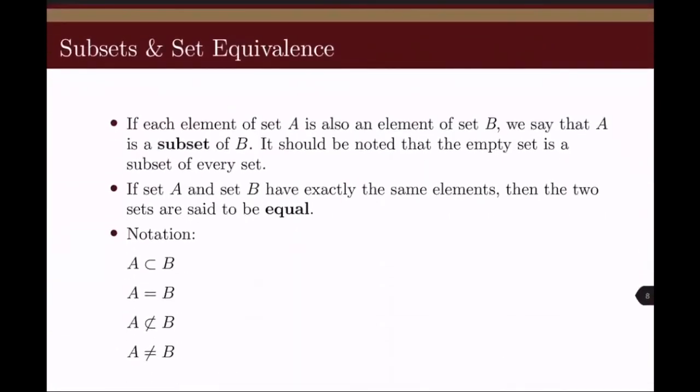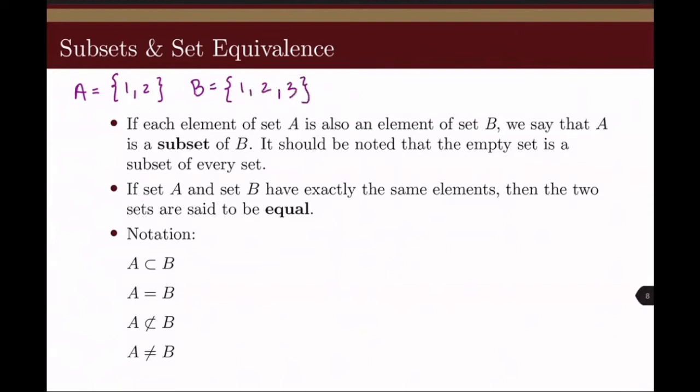Next, we'll look at subsets and set equivalents. If each element of a set A is also an element of set B, we say that A is a subset of B. And then it just should be noted that the empty set is a subset of every set. Let's do an example. So if I have A is equal to 1, 2, and B is equal to 1, 2, 3. Okay?